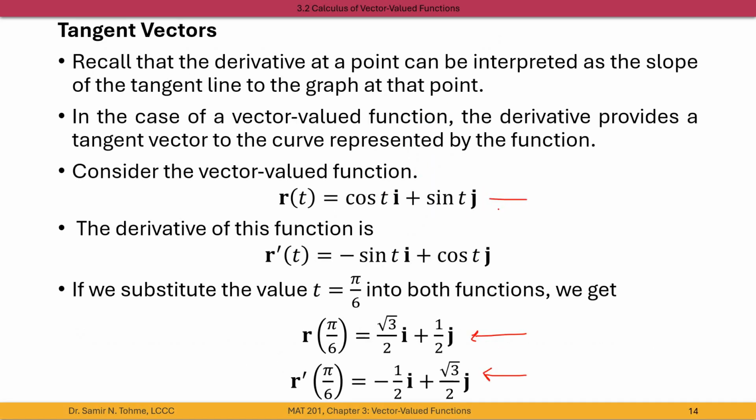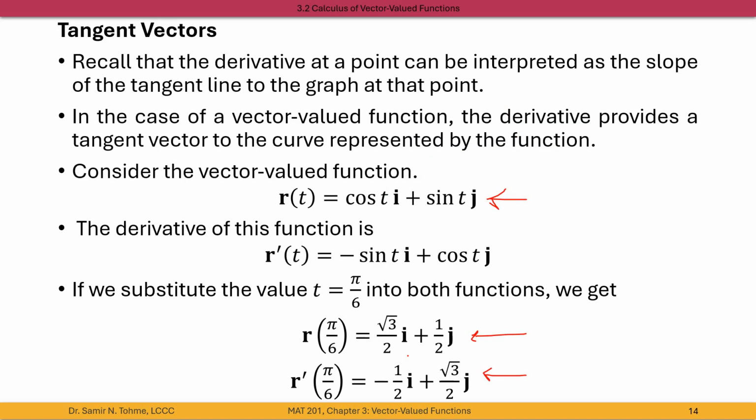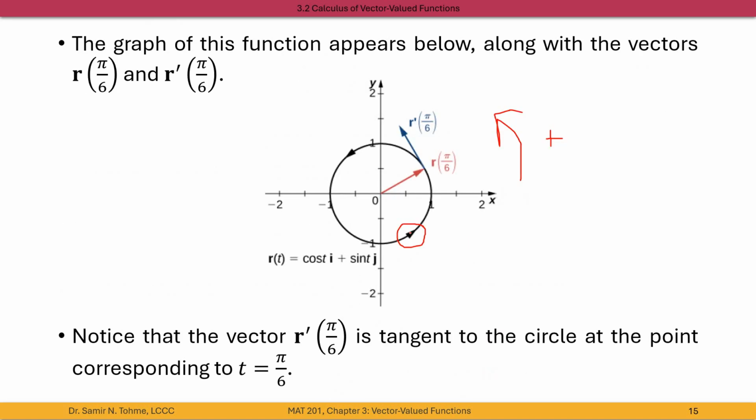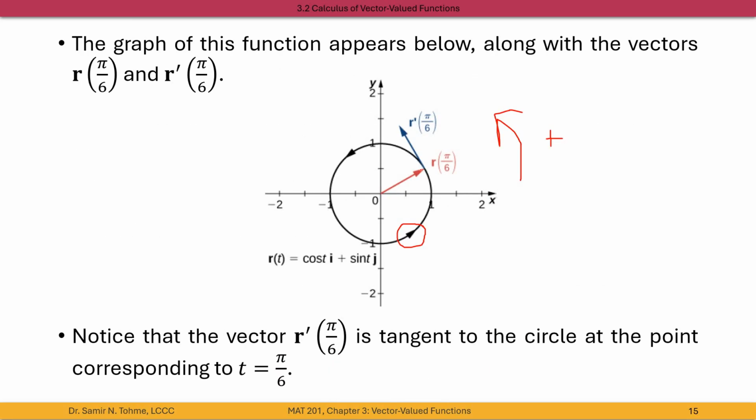First of all, if you plot this vector function, you're gonna get a circle of radius 1, and it's circulating in this direction because this is the positive direction, as you can see from this arrow over here. It's moving counterclockwise. If you find r of pi over 6, this will be a vector pointing in this direction, and this is r of pi over 6.